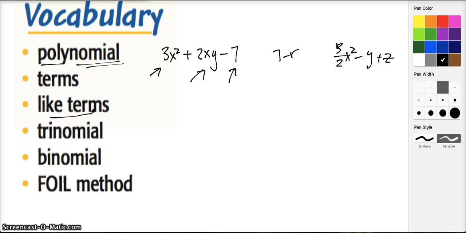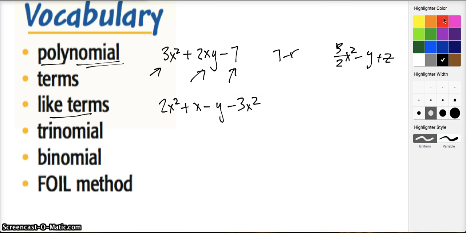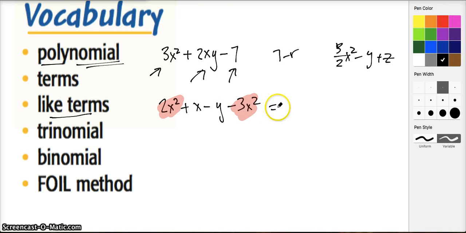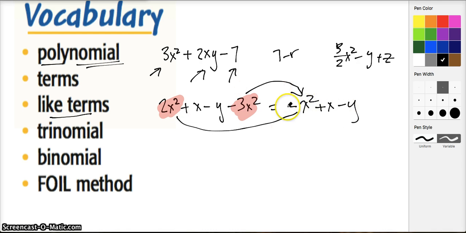Like terms are just what you think they are. They're terms that are alike. So if I had a polynomial like 2x squared plus x minus y minus 3x squared, this polynomial has like terms, and those like terms I have highlighted here in red would be this x squared term and this x squared term, and I can bring those together to simplify this polynomial, so that instead of having 2x squared plus x minus y, I actually have negative x squared plus x minus y, because these came together, added together, and I got a negative 1x squared, or negative x squared.